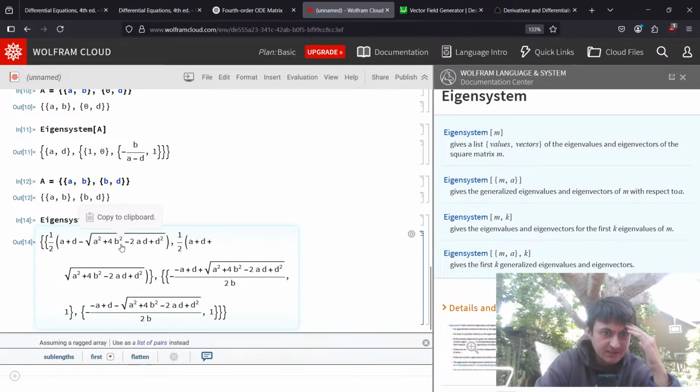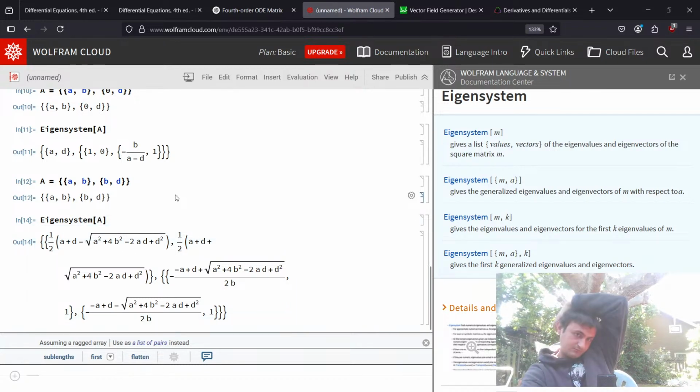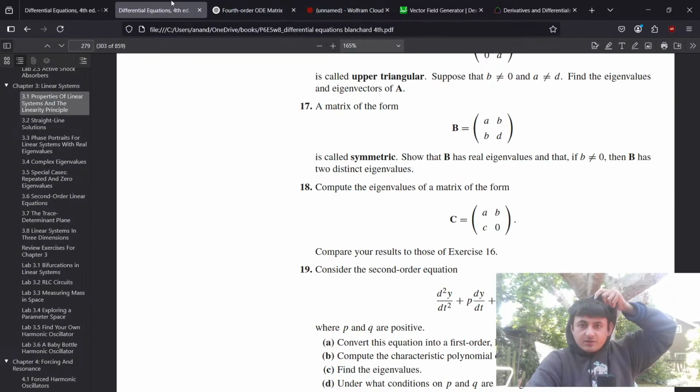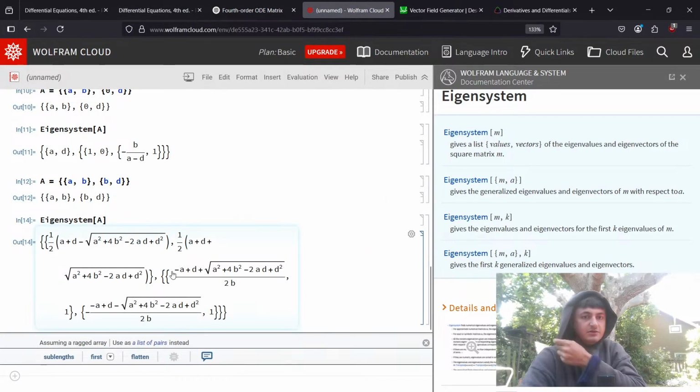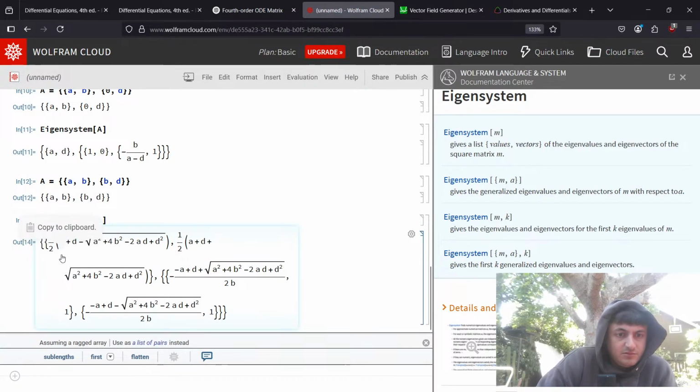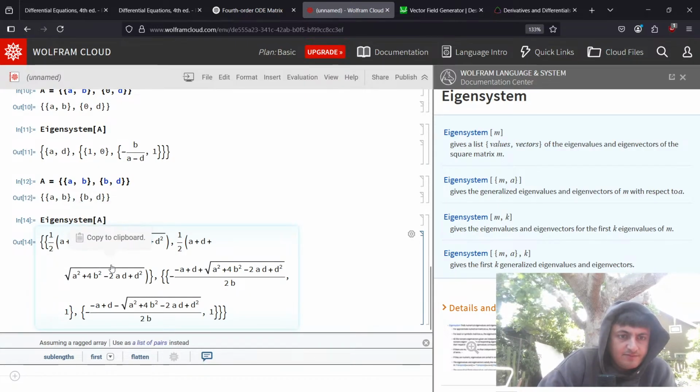That's probably because, oh, wait, these are the values. And is that what we're talking about? Yeah, okay. So if B is non-zero is what they said, right? If B is 0, then presumably these become equal or something, because I don't know.